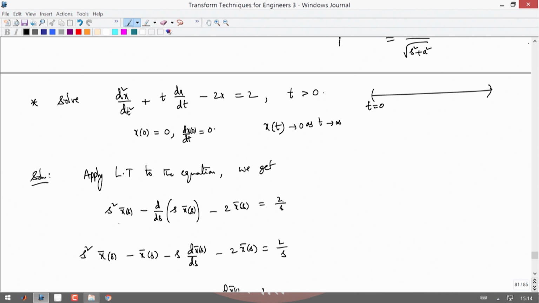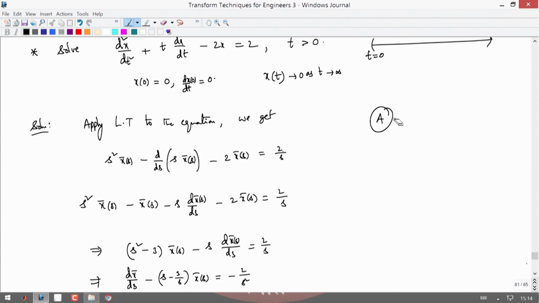When you are applying Laplace transform for the second derivative, you will get dx by dt at 0, that you take as some constant a. So, a will be there throughout, and you can get that a by applying this boundary condition to get rid of this a.